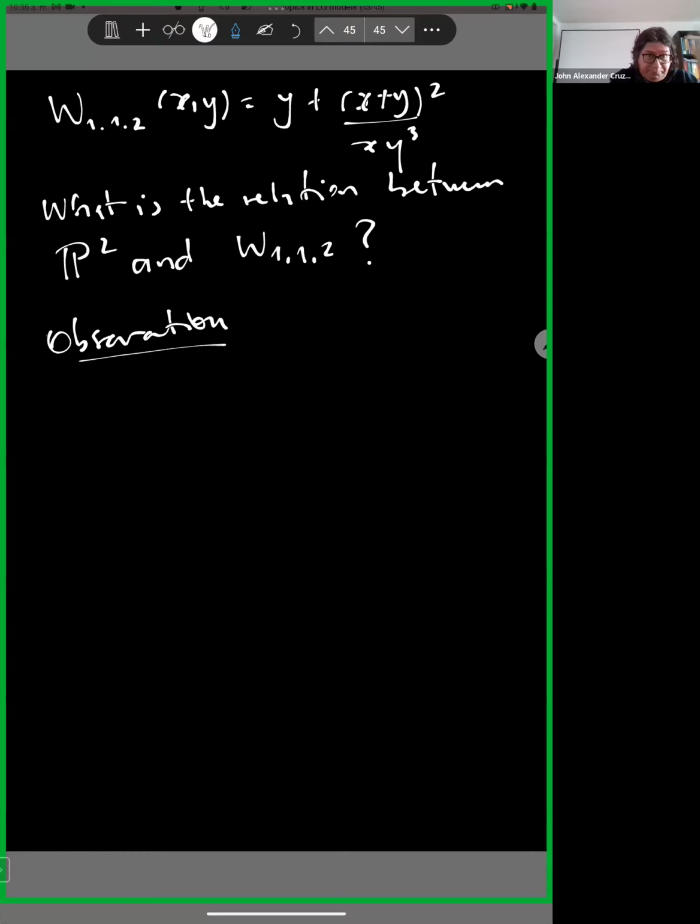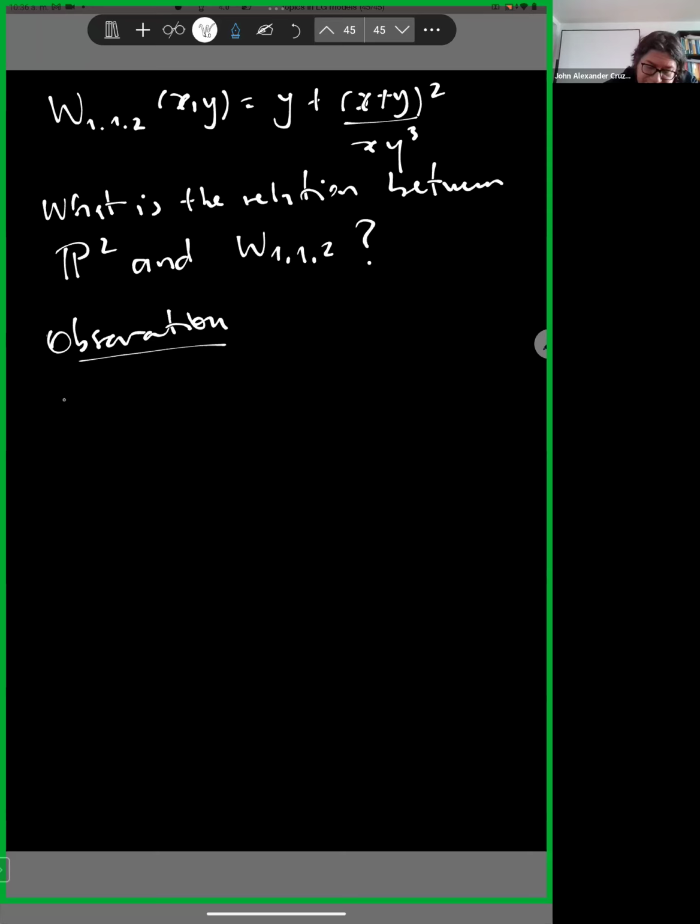That's what we did last time in one example. Now if you take the Laurent polynomial W_{1,1,2}, which is y plus x plus y squared over xy cubed, you can compute the period as well.